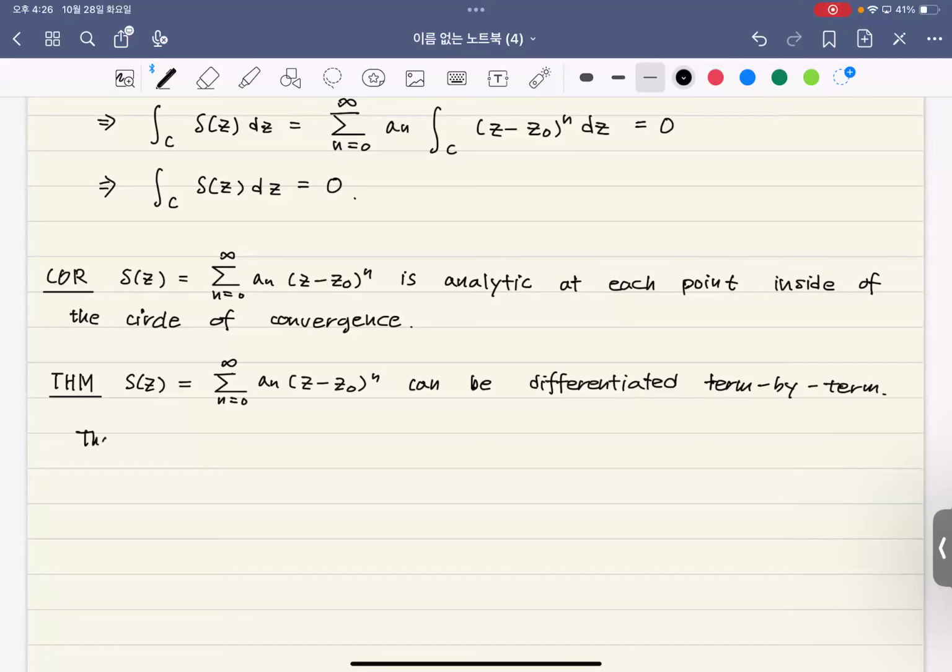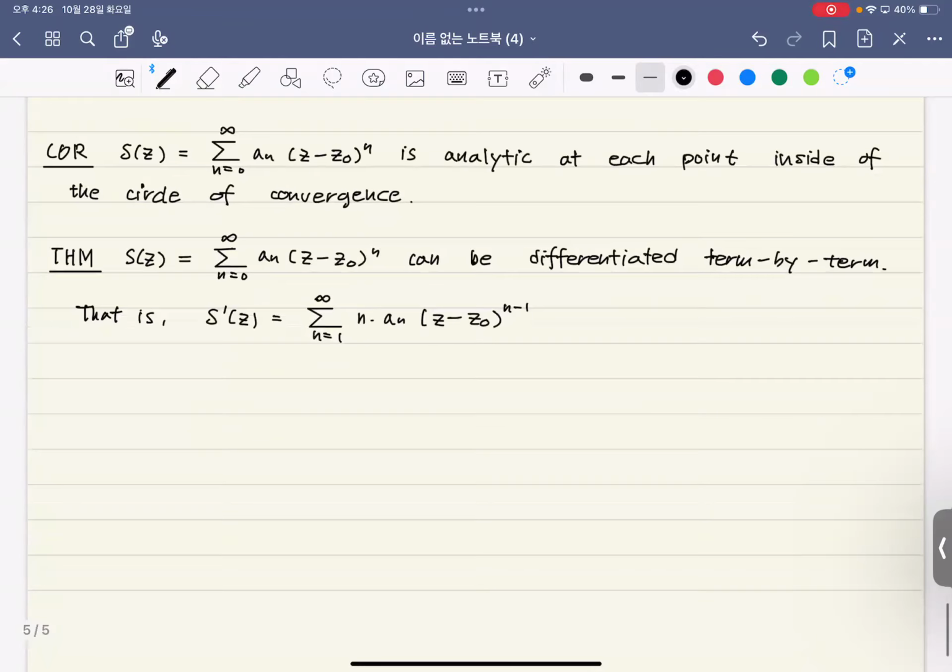That is, S prime of z is the sum from n equals 1 to infinity of n times a_n times (z minus z_0) to the n minus 1. This is precisely the same as the theorem that we studied in freshman calculus. All right, let's prove this.